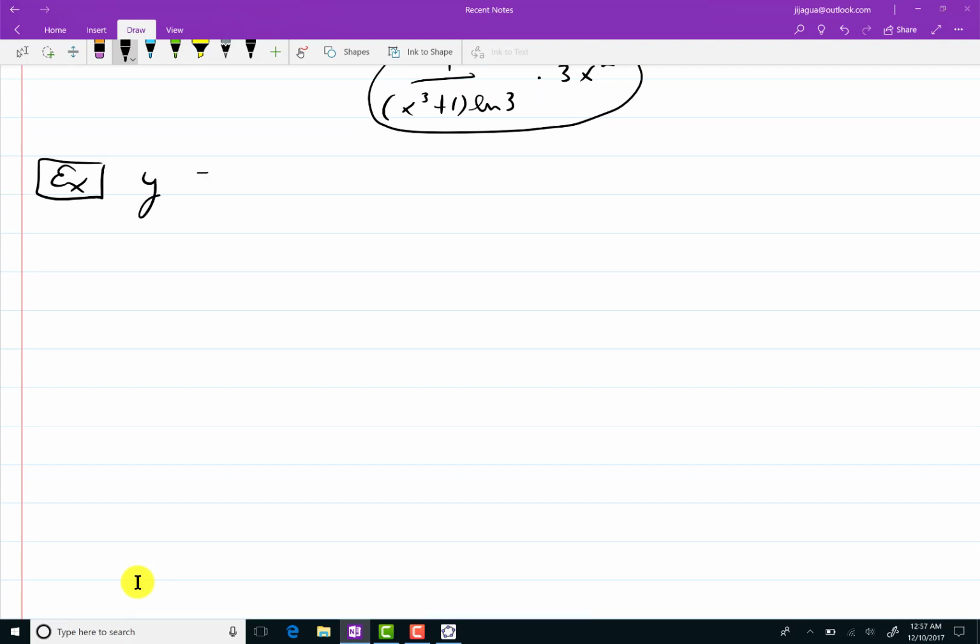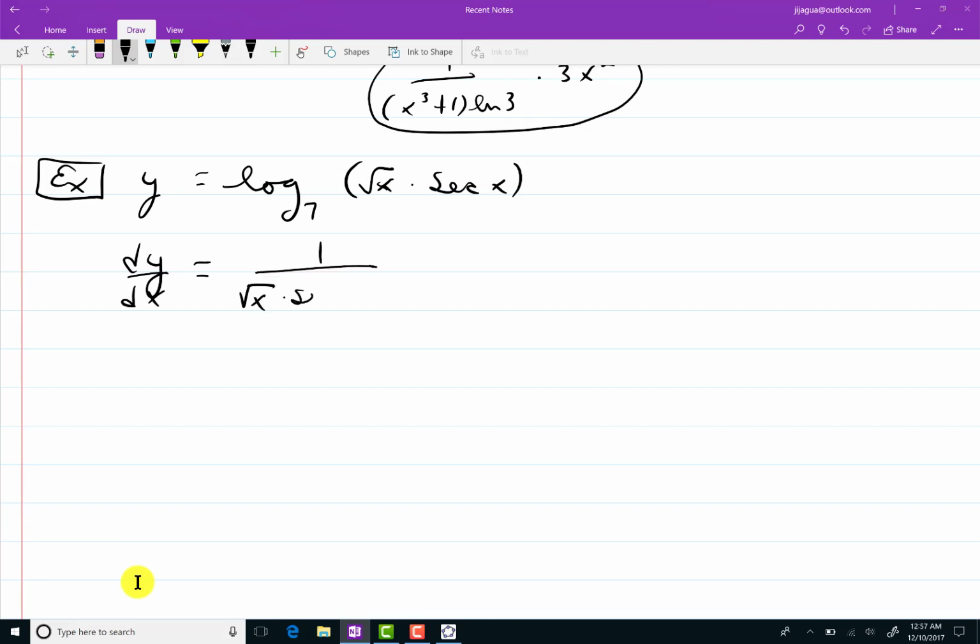For y equals log base 7 of radical x times secant of x, we have dy over dx equals 1 over, so we have square root of x times secant of x ln 7 times the derivative of radical x times secant of x.